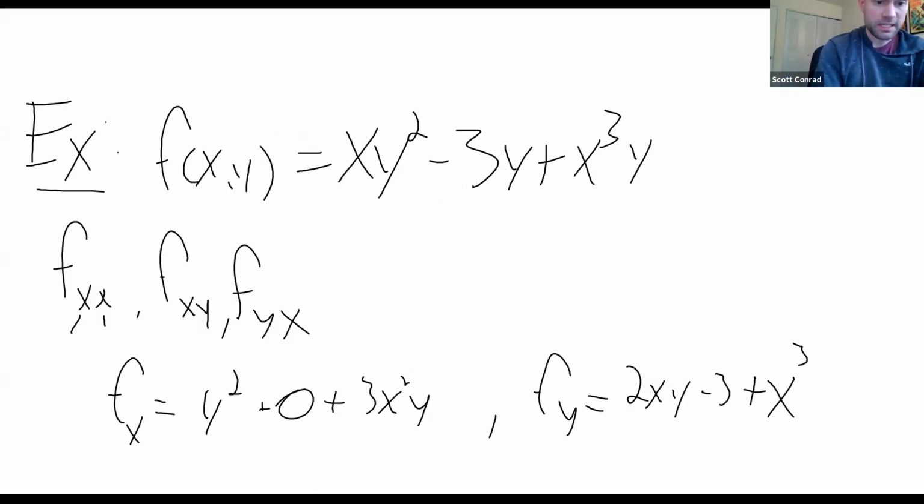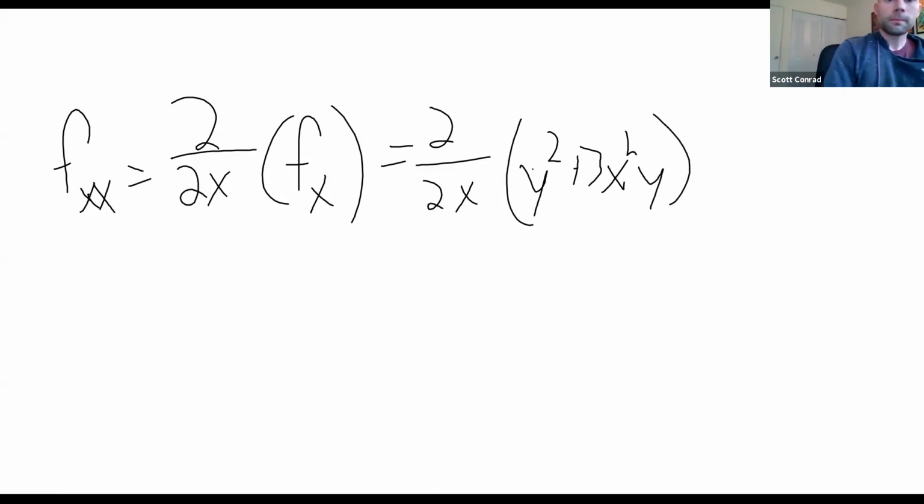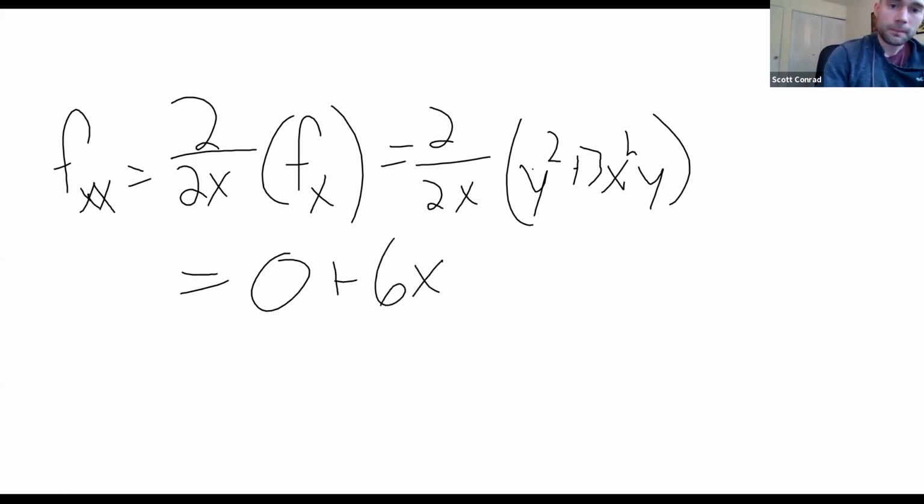The partial with respect to x we said was this y squared plus 3x squared y. And when we take that partial, y squared becomes 0. And then the 3x squared y becomes 6xy. So that's f sub xx.